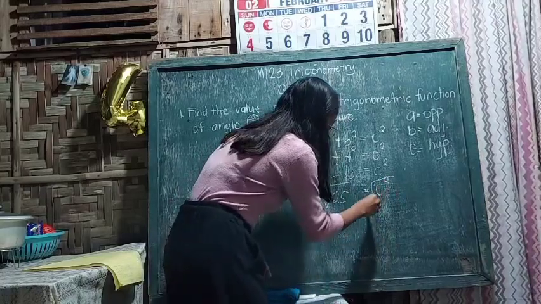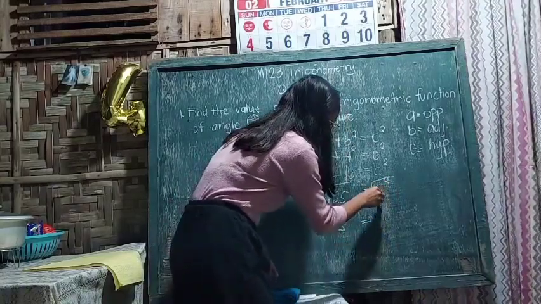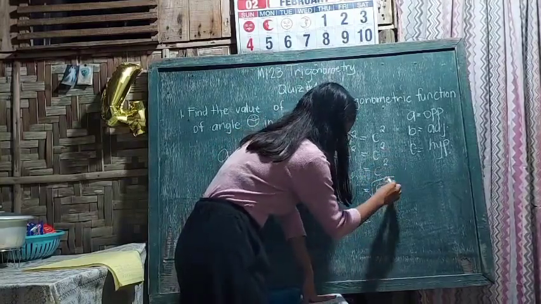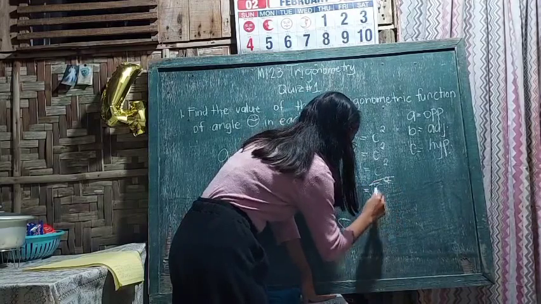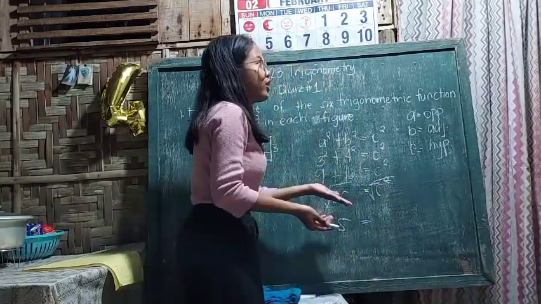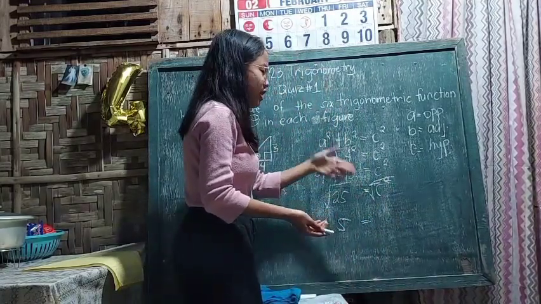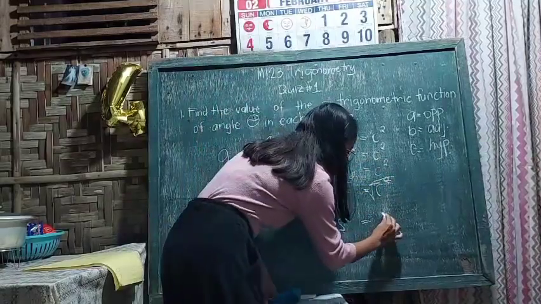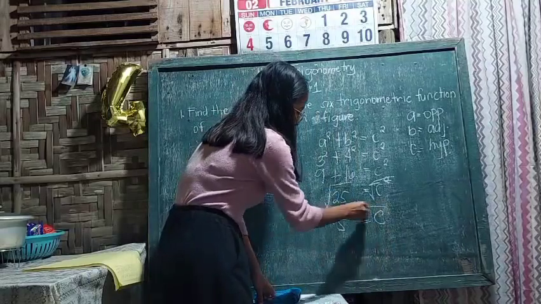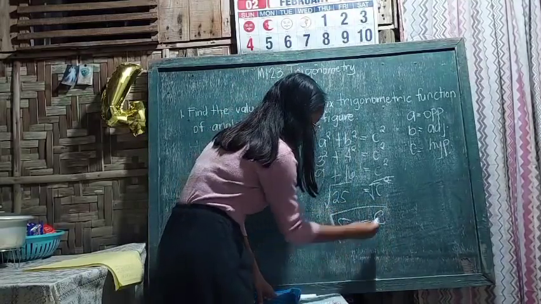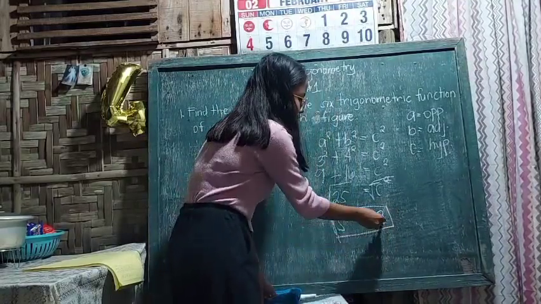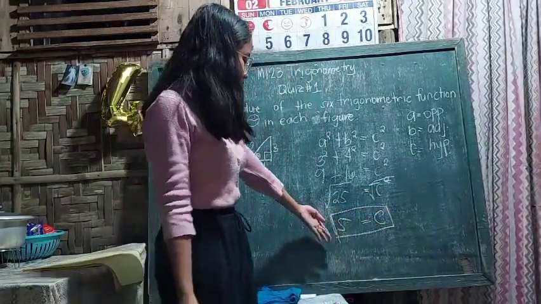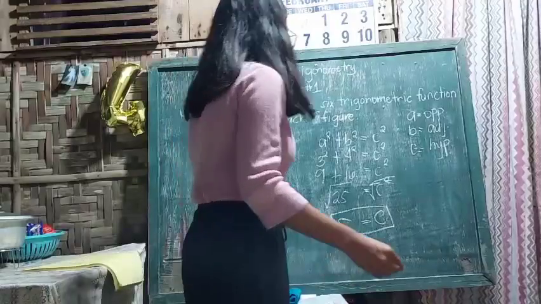And since c is squared, it will be cancelled by the square root. So this will be c, and the value of c, the hypotenuse side, is 5.